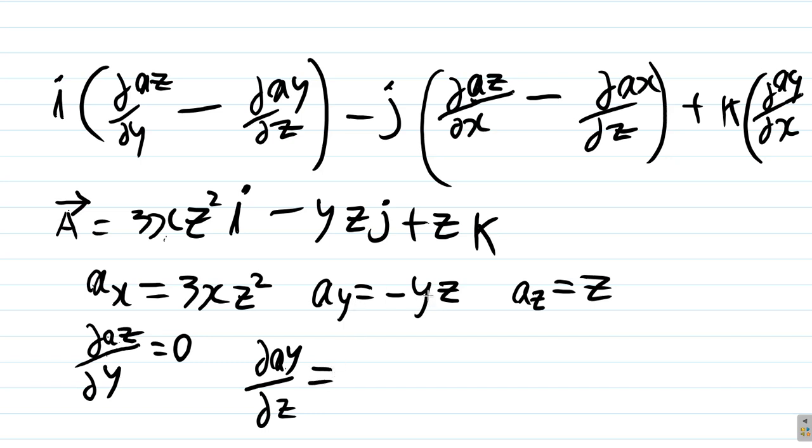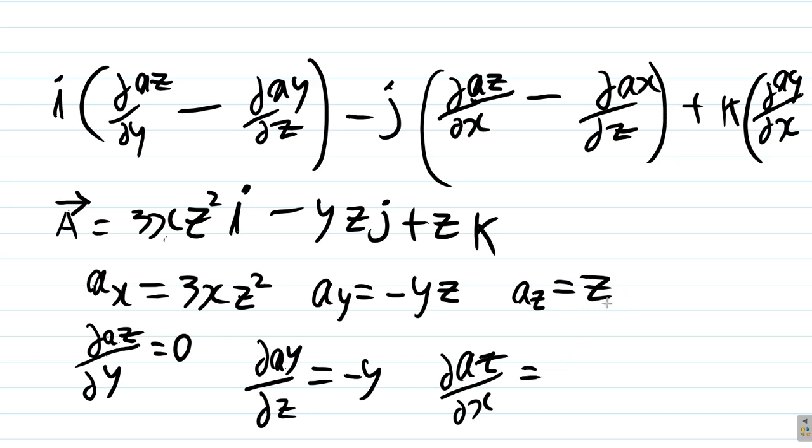Ay is negative yz, so when you differentiate this with respect to z, you get negative y. What is the partial of Az with respect to x?